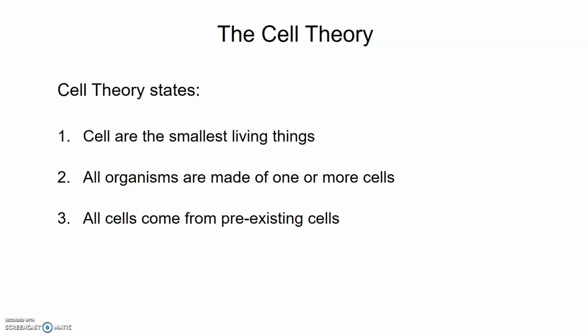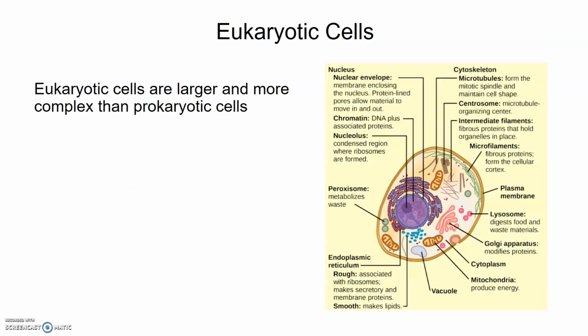And then this is sort of the most important tenet of this cell theory. All cells have to come from a pre-existing cell. You can't make a cell out of nothing. And they have to come from a cell that already exists. And so cells being the smallest living things, all organisms being made up of one or more cells, and all cells coming from a pre-existing cell are the three tenets of what's known as cell theory.